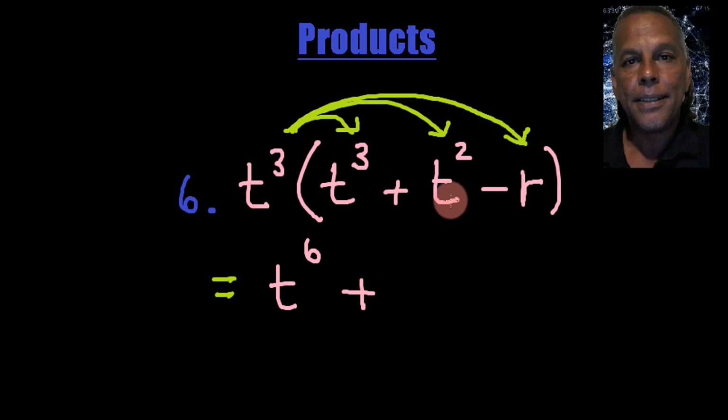T cubed times t squared will be t to the power of 5, adding the powers. Then we know there's a plus here in front of this t cubed that we don't write. So then we have a plus times a minus, which will give us a minus. And t cubed times r will give us t cubed r.